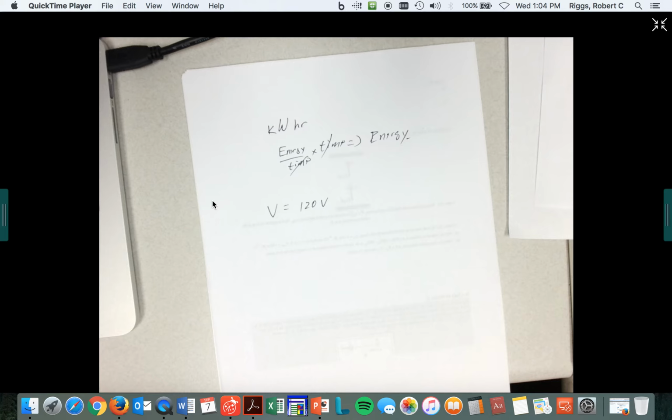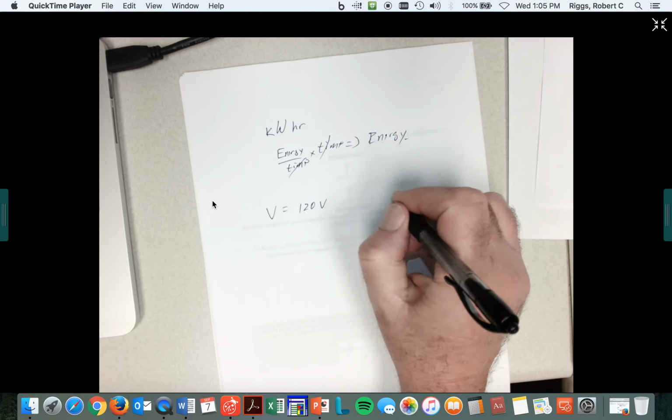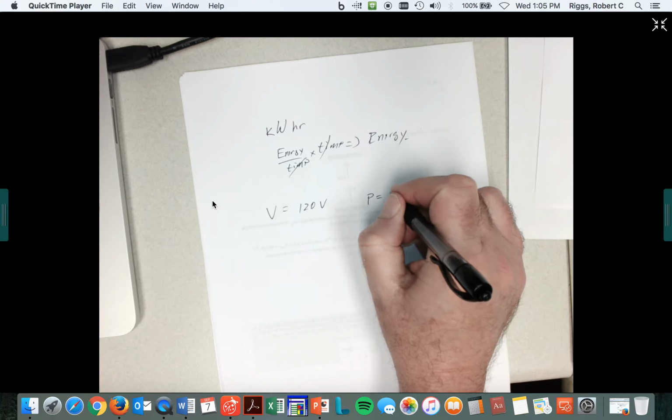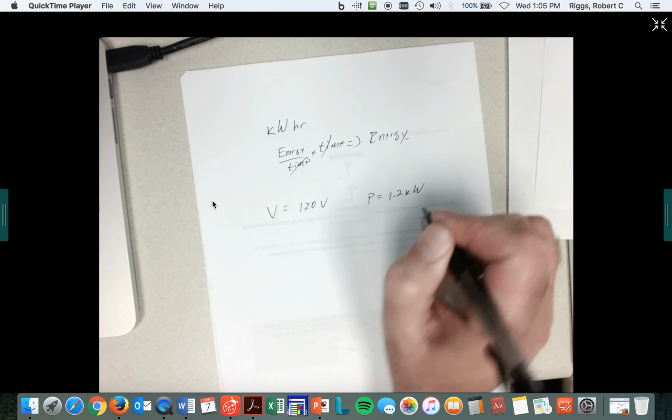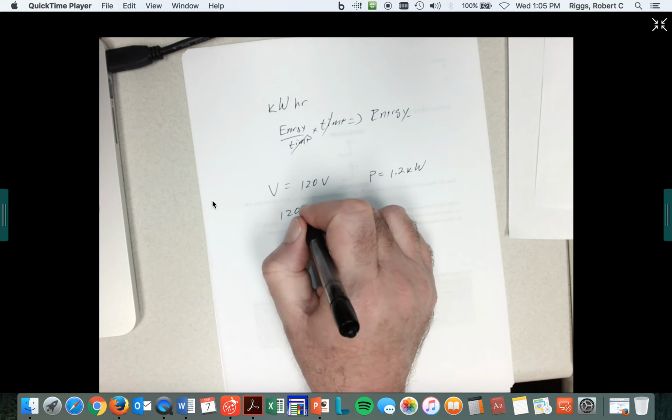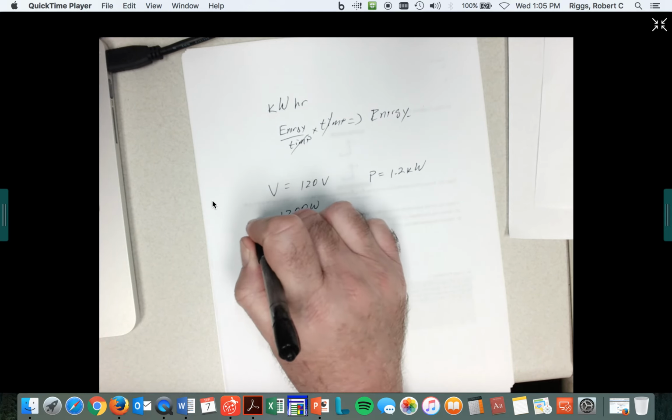So you've got voltage of 120 volts. And let's say you've got a hair dryer that's registered at 1200 watts, or 1.2 kilowatts.